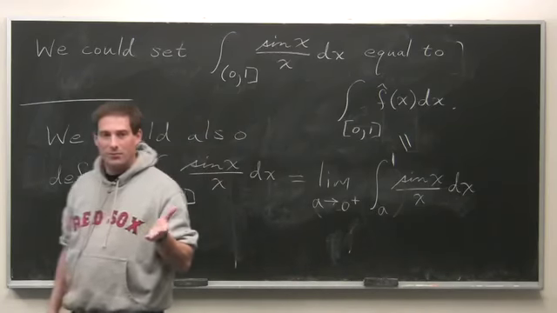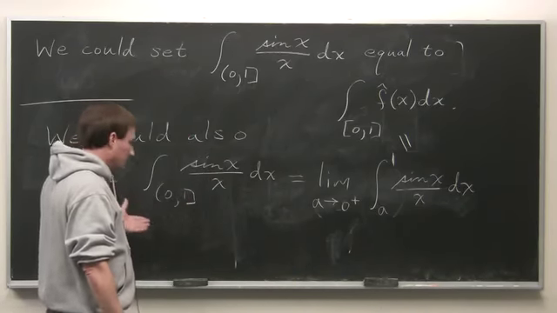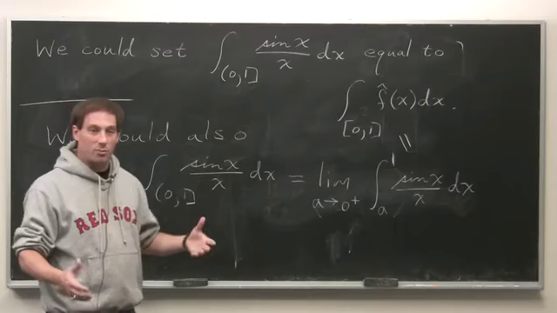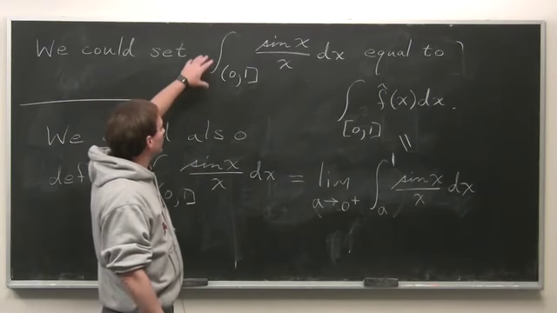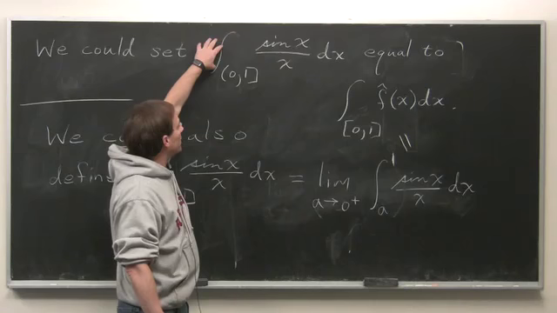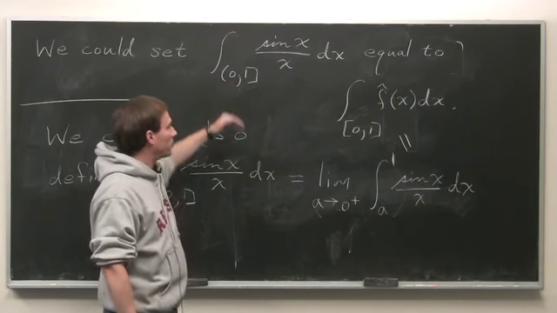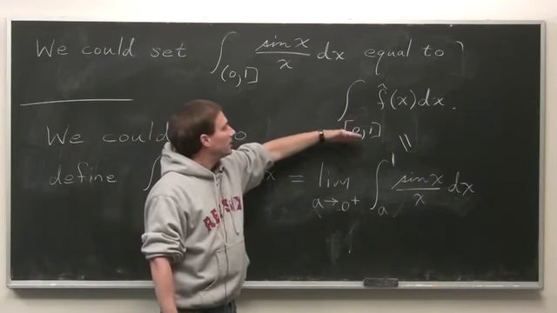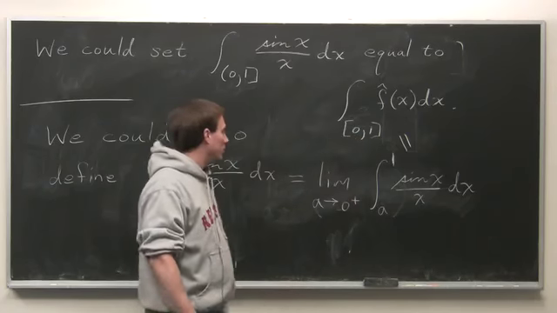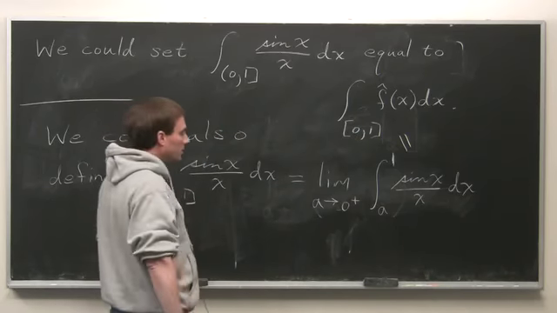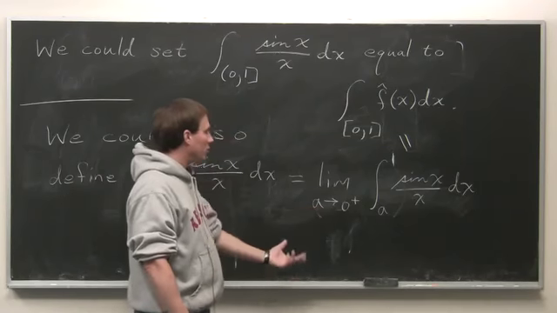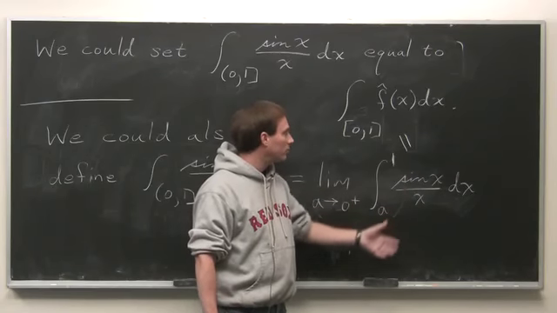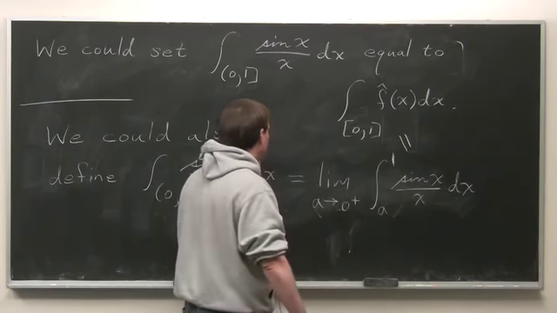So the point is, in this example, it doesn't matter which approach you take to trying to define the integral of sine of x over x dx on this half-open interval, you get the same thing. You can either take an extension of f, any one whatsoever, to the closed interval from 0 to 1, or you can take limits as a approaches 0 from the right of Riemann integrals of sine of x over x.